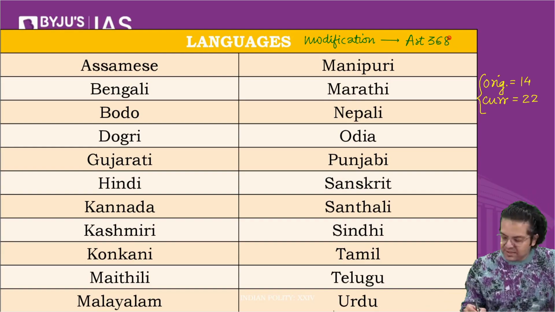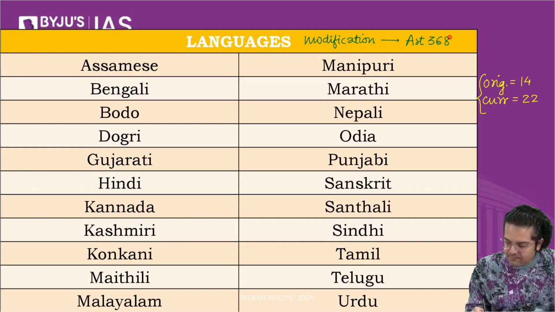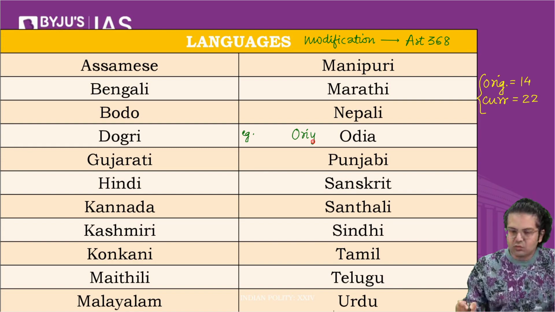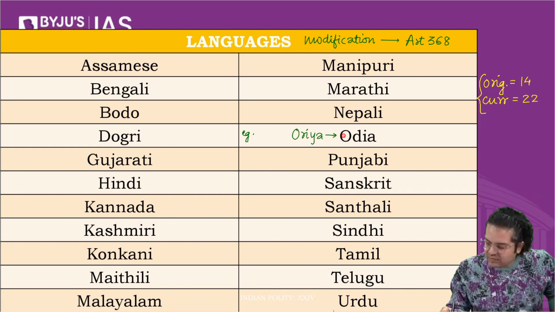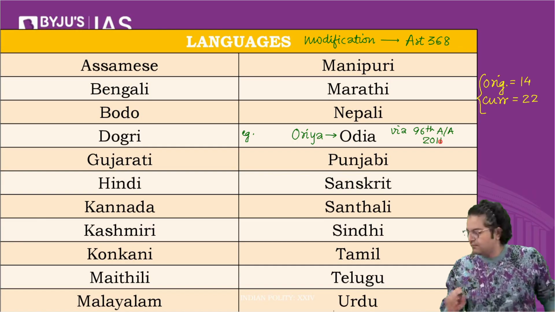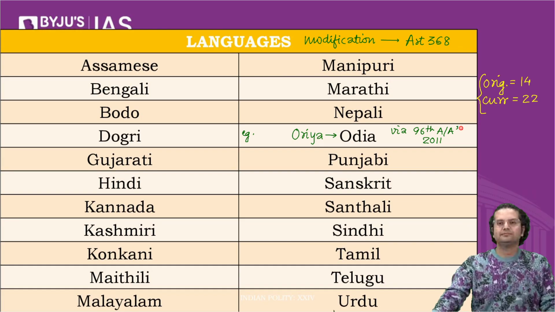A very simple example. We wanted to change the spelling of Odia to ODIA, and this was done via the 96th Amendment Act, 2011. Okay.